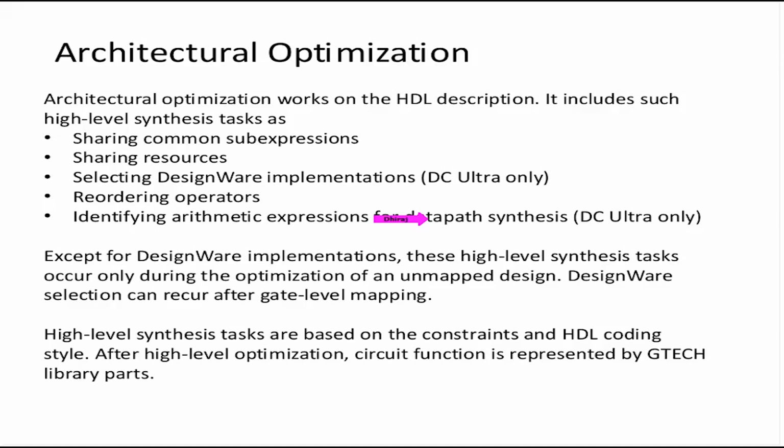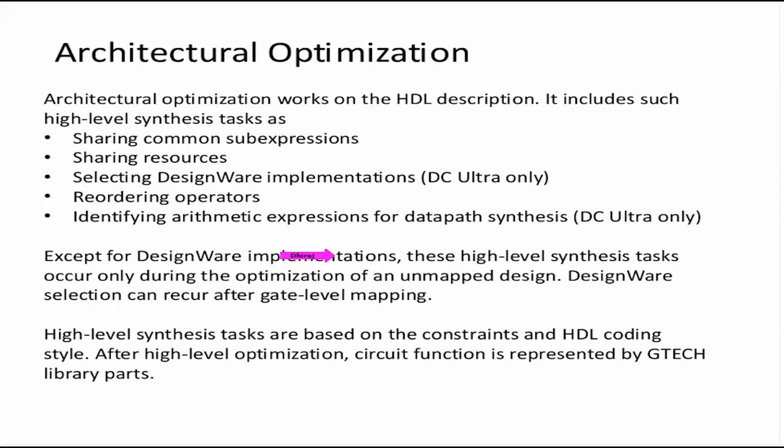So earlier, a few years back, there used to be a separate feature of Design Compiler which used to help us in doing data path synthesis. Data path means a design which is heavily using arithmetic operations, like an arithmetic logic unit of a CPU, that is adders, multipliers, subtractors, and so on.